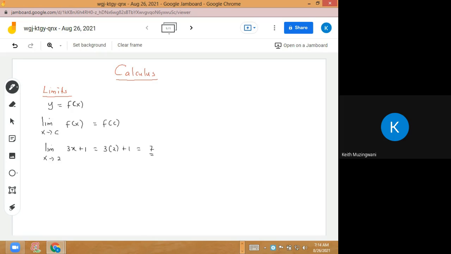The only thing that will make other definitions fit in this definition that we have used is this: find the limit as x goes to 2 of x squared minus 4 over x minus 2. Look, if we went direct here and said 2 squared minus 4 over 2 minus 2, we will have 0 over 0.